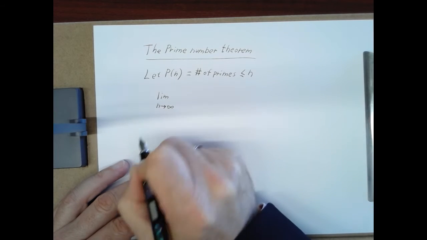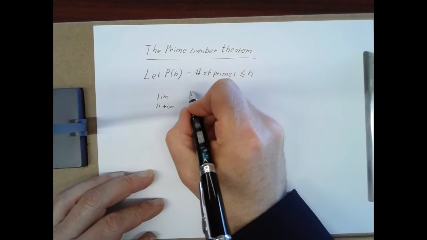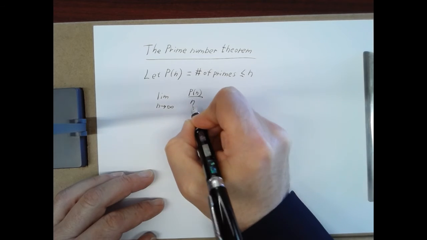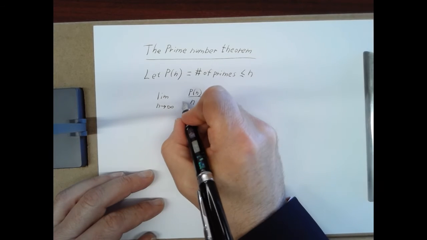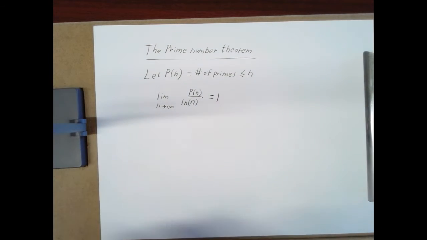As n gets bigger and bigger, we can say the limit as n goes to infinity of the number of primes less than or equal to n divided by the natural log of n is 1. So roughly speaking, for large n, the number of primes up to n is about the natural log of n.